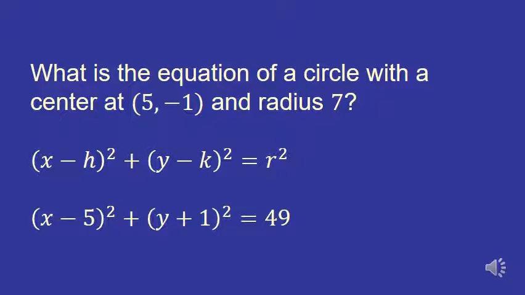It's going to be (x minus 5) squared plus (y plus 1) squared equals 49. The two things to keep straight about that is that you always do the opposite sign of that point that's at the center. That's why I've got minus 5 and plus 1. And at the end, it's always r squared. 7 squared is 49. So again, (x minus 5) squared plus (y plus 1) squared equals 49.